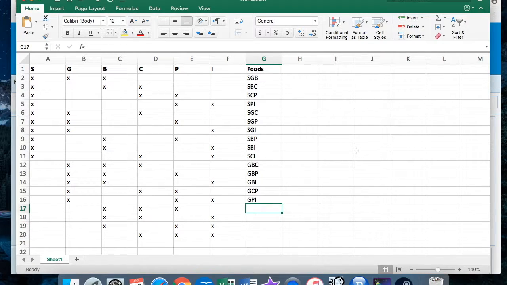So this would be B, C, P, B, C, I, and then B, P, I, and then finally C, P, I. Okay, so all of these guys, there's 19 of them.